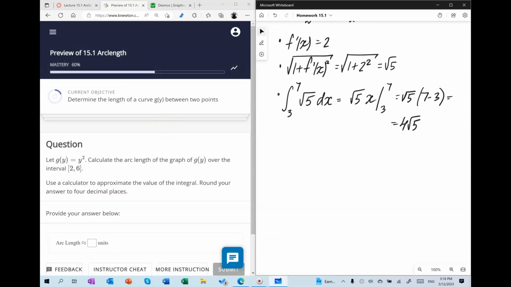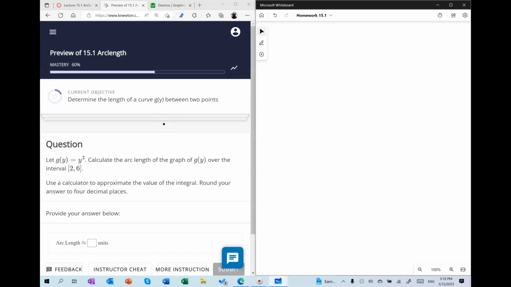All right, 7, 8. We have the function given to us in terms of y. So the limits of integration are in terms of y. So we're going to still use the same universal formula, but we're going to interpret everything in terms of y.